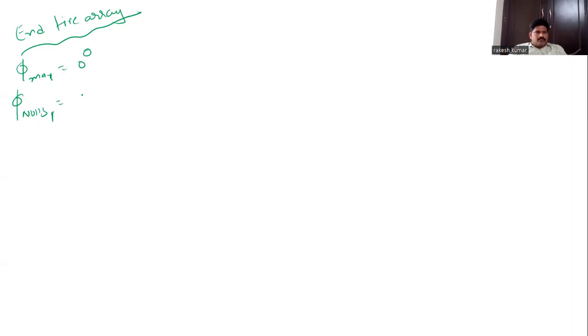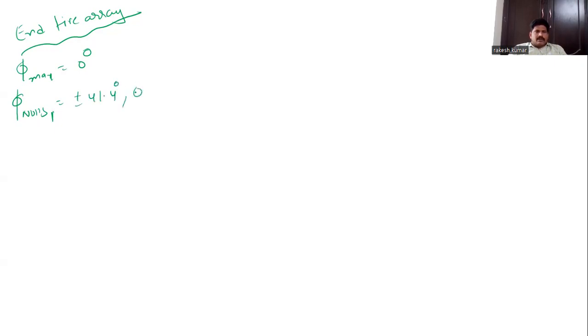Okay, now we will write all the values here for an end-fire array in order to draw the diagram. For an end-fire array, what is the phi max value? Phi max value is equal to 0 degrees, and phi minimum, the phi null directions. Phi null 1, you are getting it plus or minus 41.4 degrees.